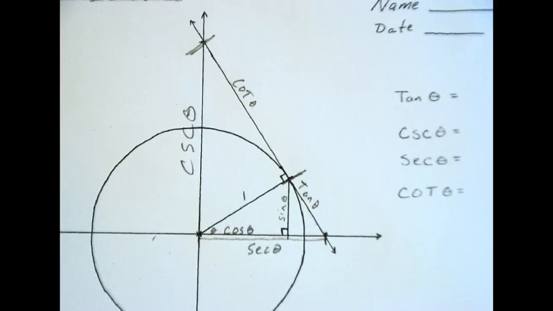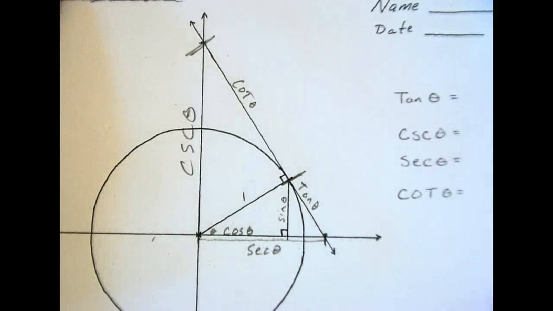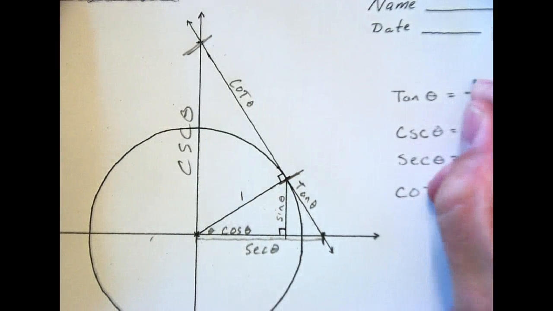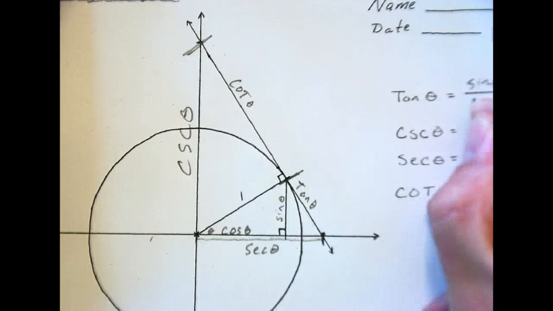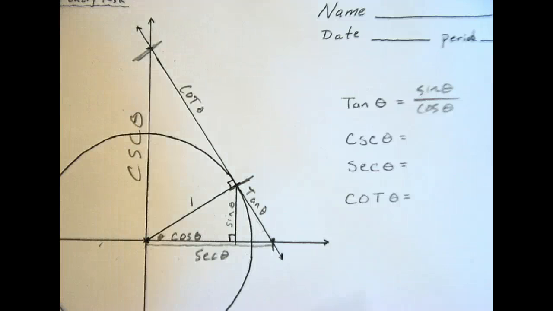Okay, now how many of you are able to duplicate all of that without having to look anywhere, talk to anyone, or copy mine? Okay, how many had almost all of it? Well, good. Okay, tangent, let's talk about what tangent equals. Tangent equals sine theta over cos theta. Awesome. Okay, thank you.